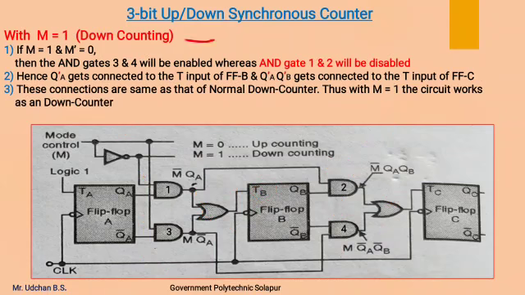So with M equal to 1, this line will become 1, this line will become 0. So this 0 is connected to AND gate 1 and AND gate 2, that is, irrespective of QA, the output of this AND gate will be 0, by which the output of AND gate 2 will become 0.